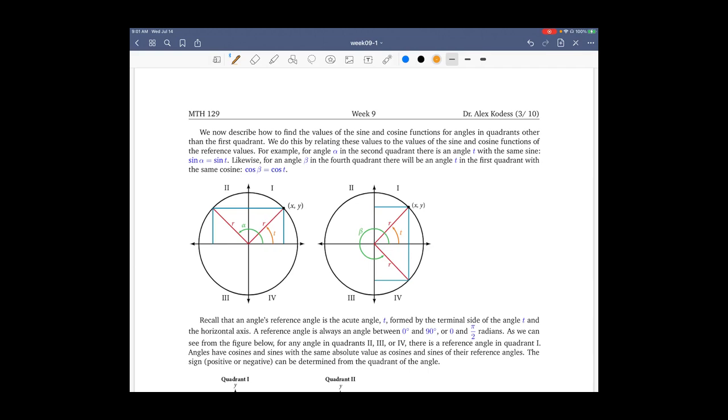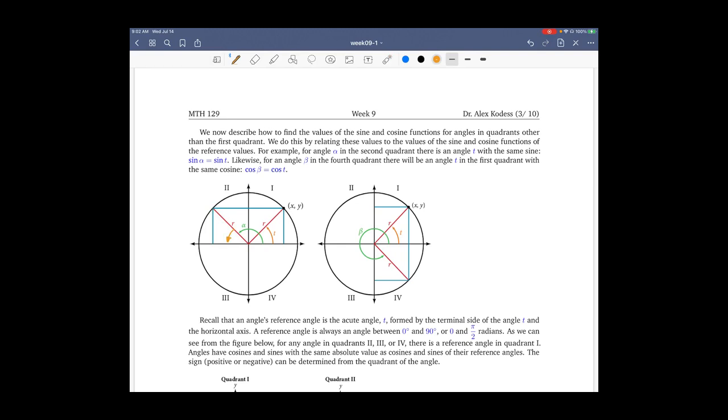For instance, if the given angle is alpha in this picture, the unique positive acute angle, which is the smallest between the x-axis and this terminal side, is of course this angle.